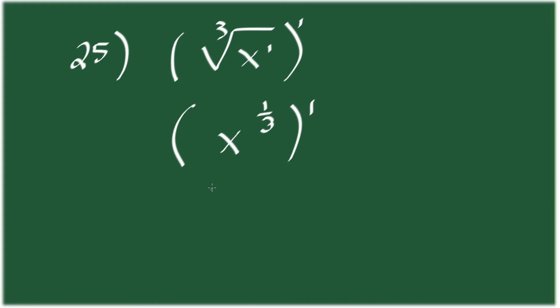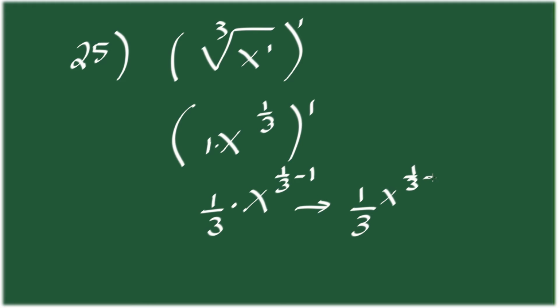So when you get the derivative, it's going to be 1/3, because 1/3 times 1, okay, is 1/3 x raised to what? 1/3 minus 1. But 1/3 minus 1 is the same as 1/3 minus 3 over 3, okay?